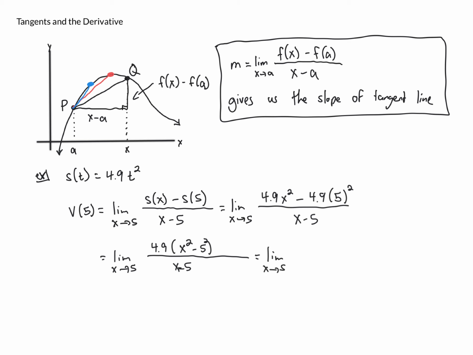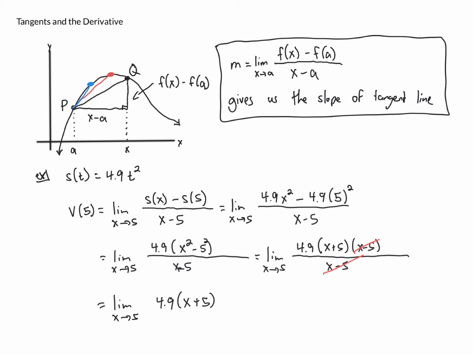And hopefully you're noticing that we've got a difference of squares in the numerator. So this is going to be 4.9 times x plus 5 times x minus 5, all over x minus 5. And of course, we can cancel the factors of x minus 5 in the top and bottom to simplify this expression. So we've got the limit as x approaches 5 of 4.9 times x plus 5.